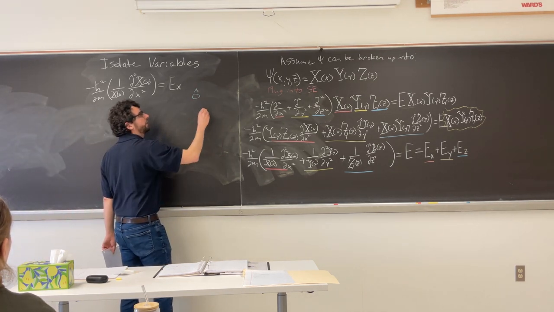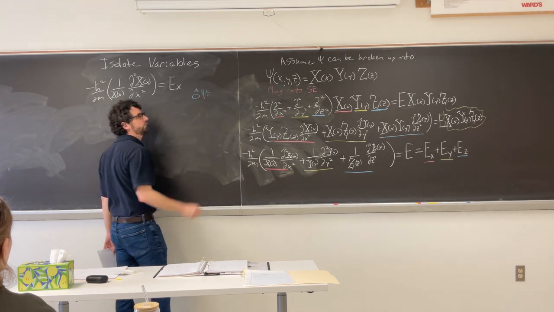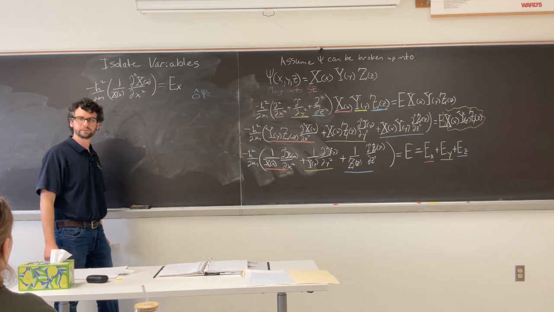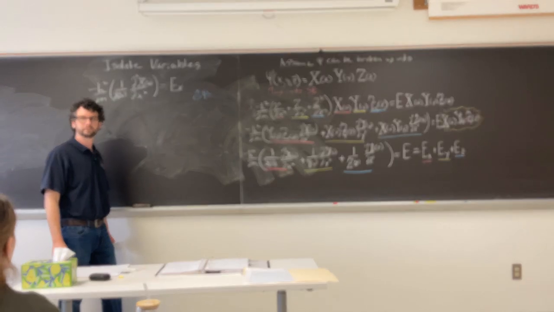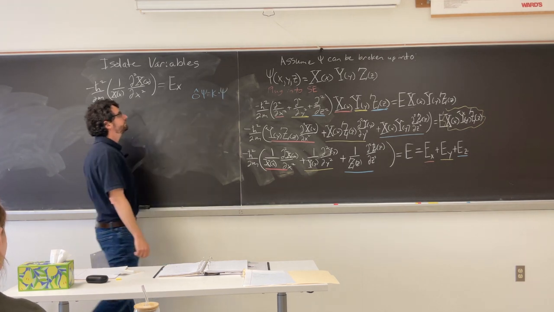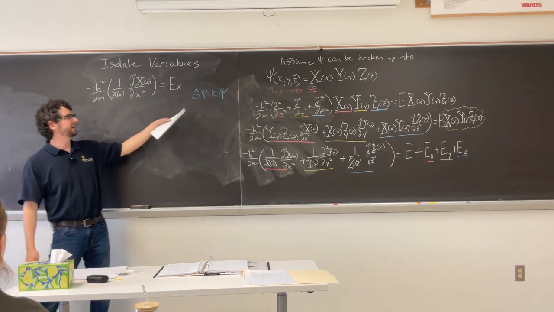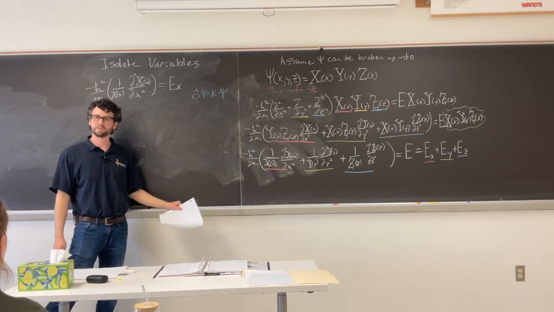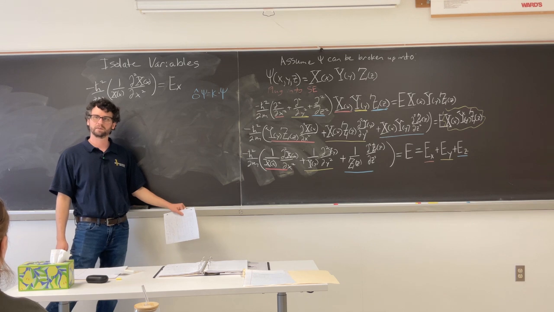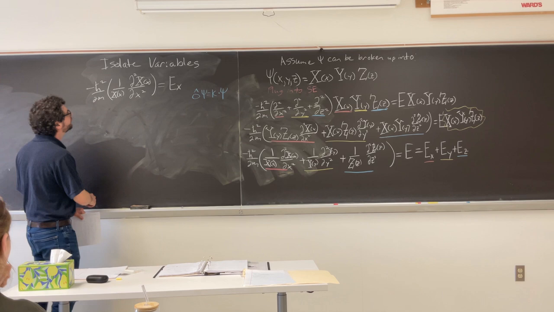You have some operator that acts on a function, and what do you get out of that function? Does this really look like that generic eigenfunction, eigenvalue problem? No. Is there a way we could make it look that way?